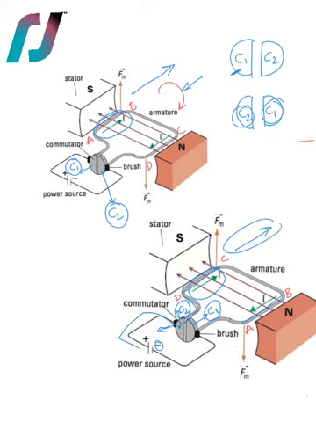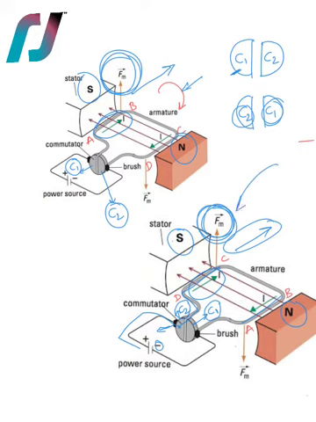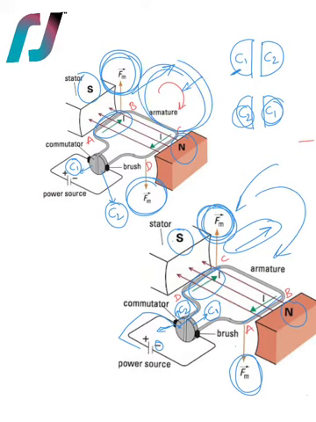So if the current direction didn't change and the magnetic field direction didn't change, the force direction remains the same, which means on the left hand side of the conductor, previously the force was upward, and even now the force is upward. The force was downward on the right side, and after half rotation, the force is still downward on the right side. So the torque action remains the same, which means the torque was clockwise and remains clockwise even after half rotation.